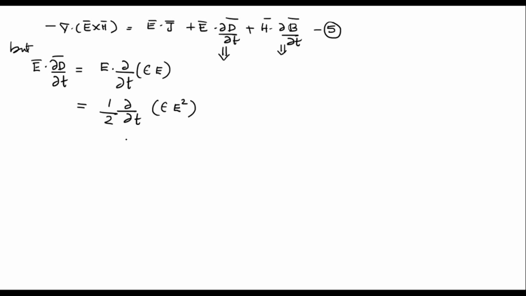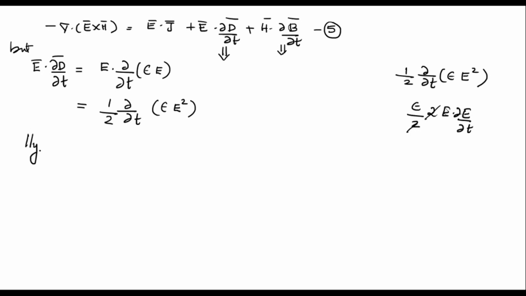When expanded, this is epsilon taken outside since it is a constant, epsilon by 2 into 2 E into dou E divided by dou T, so the 2 gets cancelled. That is equal to the same expression, E dot dou by dou T of epsilon E. So this value of E dot dou D divided by dou T can be substituted as this term. I am substituting it here.